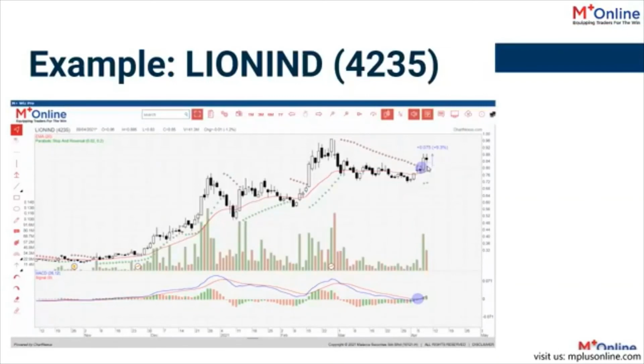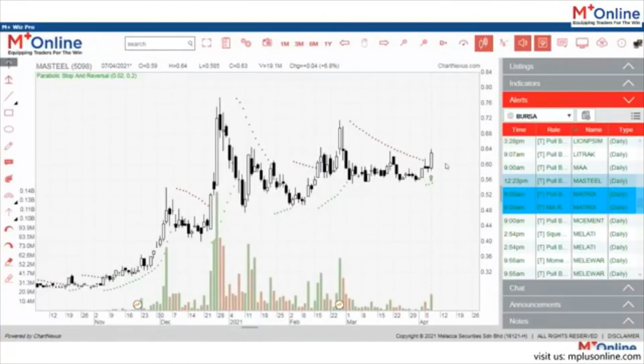And on the day itself, it gave us almost near 10% profits, based on the strategy whereby it breaks above the Parabolic SAR dots, above the 20 days moving average, and we also have a cross at the MACD which tells us the momentum. So you can see the momentum indeed was there yesterday, giving us almost near 10% of profits.